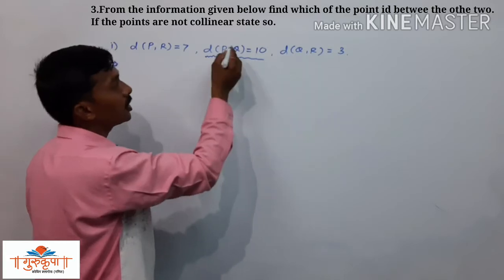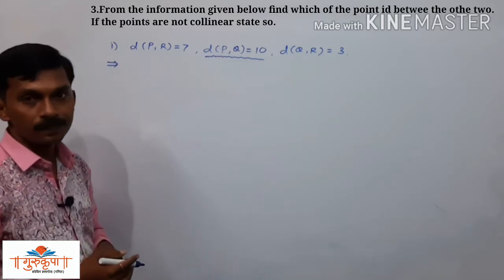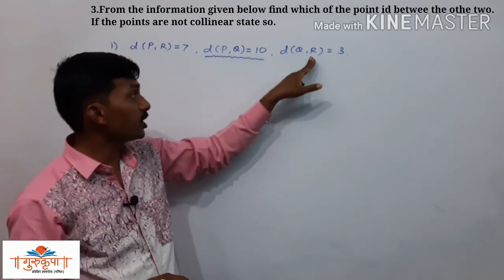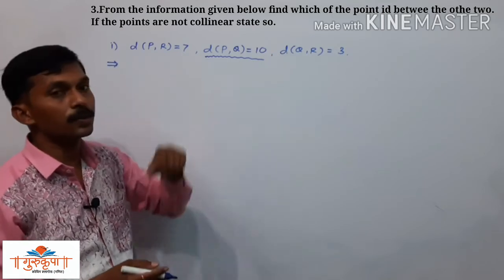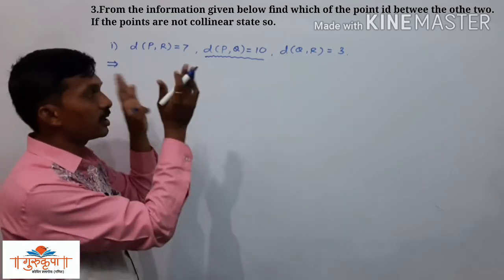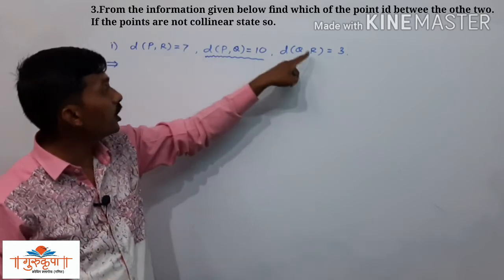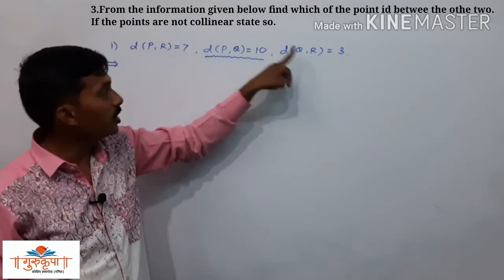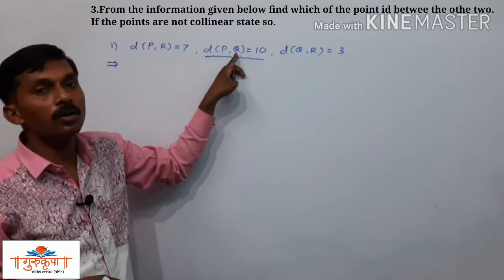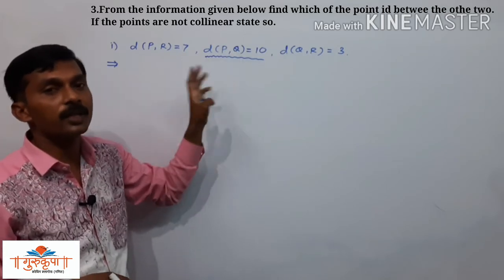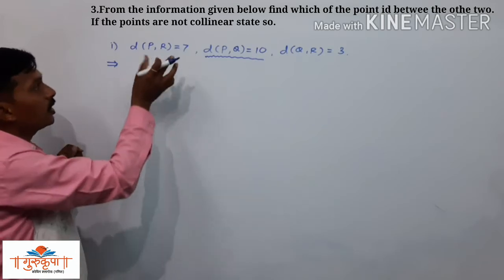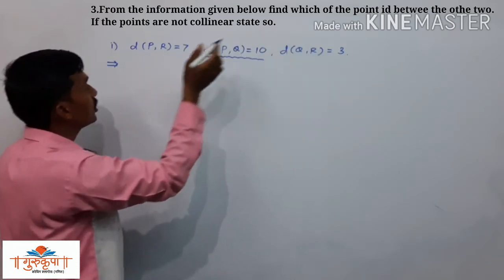Out of these 3 distances, the biggest distance is PQ. So we have to put it aside, and we just have to check whether the sum of the remaining 2 distances is equal to the third, or the biggest distance, or not. So here first we will take the sum of distance PR and distance QR.